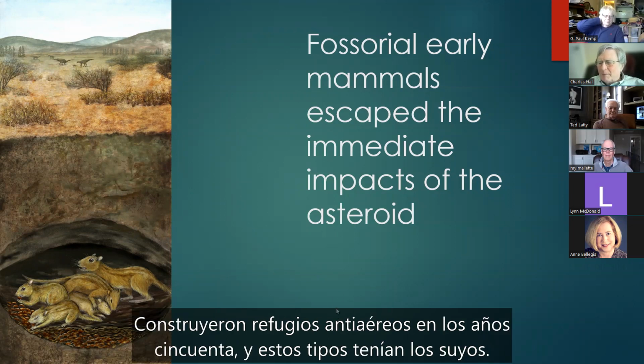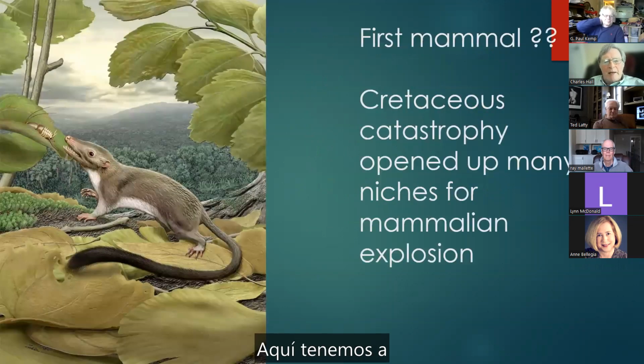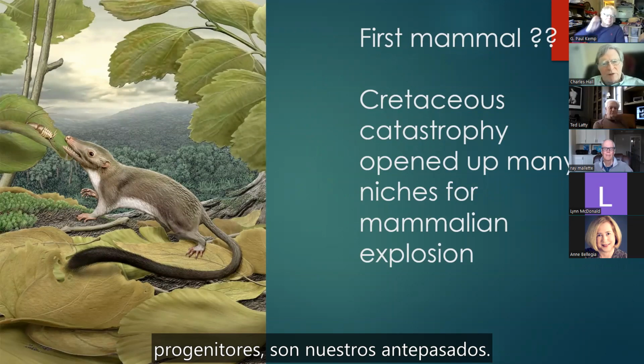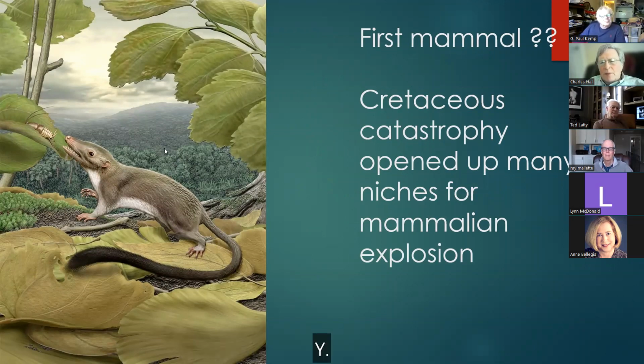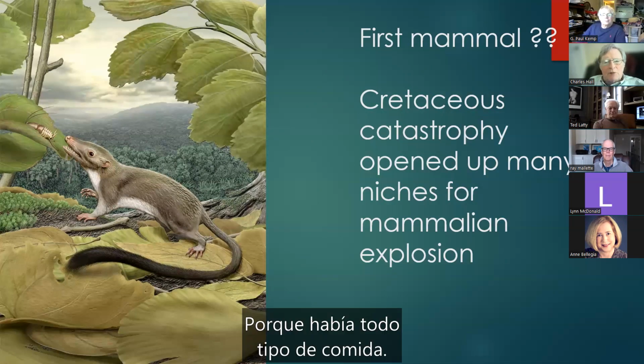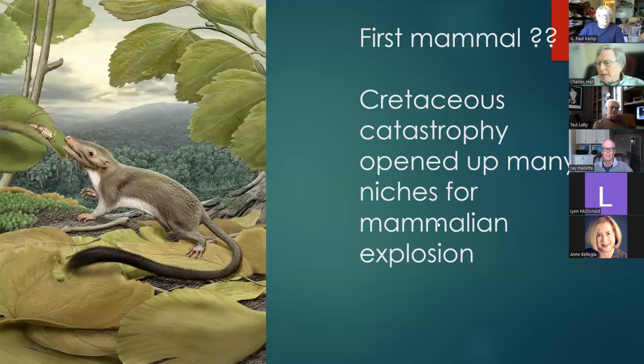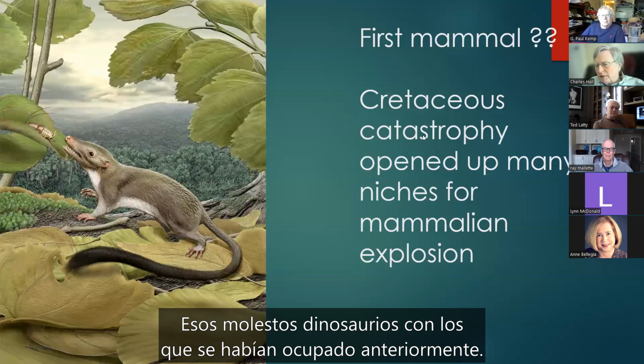We used to make bomb shelters back in the 1950s. Well, these guys had their bomb shelters, and here we have our progenitors, our ancestors. And it was a catastrophe for the dinosaurs, but it was a terrific opportunity for mammals because there was all kinds of food available without competition from those pesky dinosaurs, which they had previously dealt with.